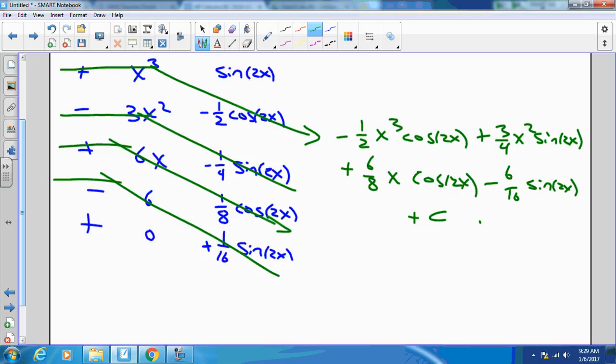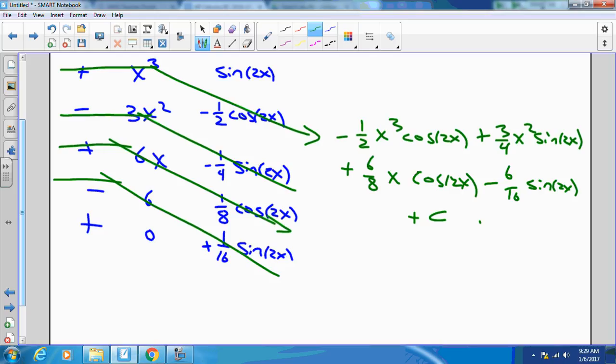Let's do the check smart. We know that when we take the derivative of each one of these terms, except for the last one, we're going to get two terms because of the product rule. So all we need to do is check that they cancel, and we can do that mentally. First term: x cubed times the derivative of negative 1/2 cosine 2x would be positive sine 2x over 2 times x cubed, which is our original integral.